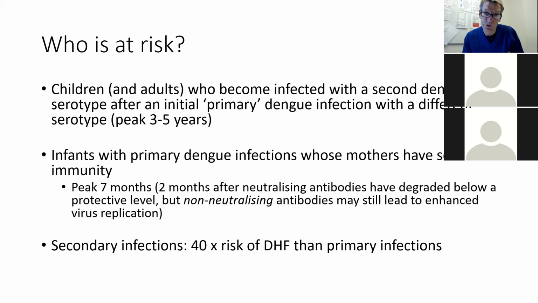Or a child who's getting a primary infection, but they've got antibodies from the mother. And it's that antibody enhancement that can lead to more severe infection in young infants, typically around 6 or 7 months, because the neutralizing antibodies have fallen to certain levels.